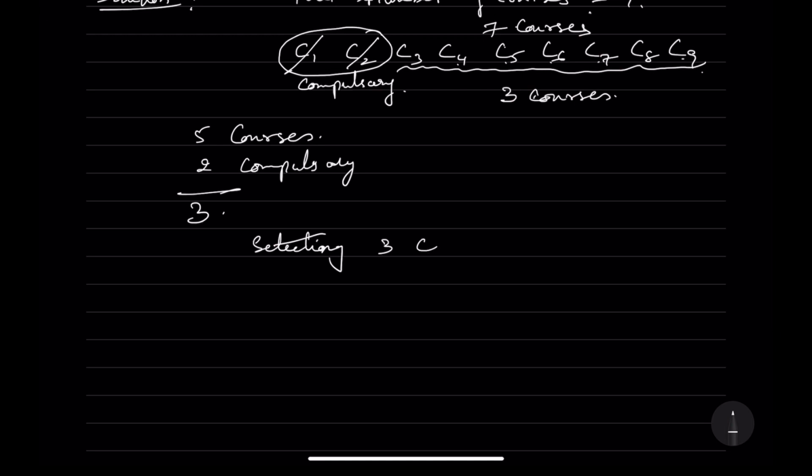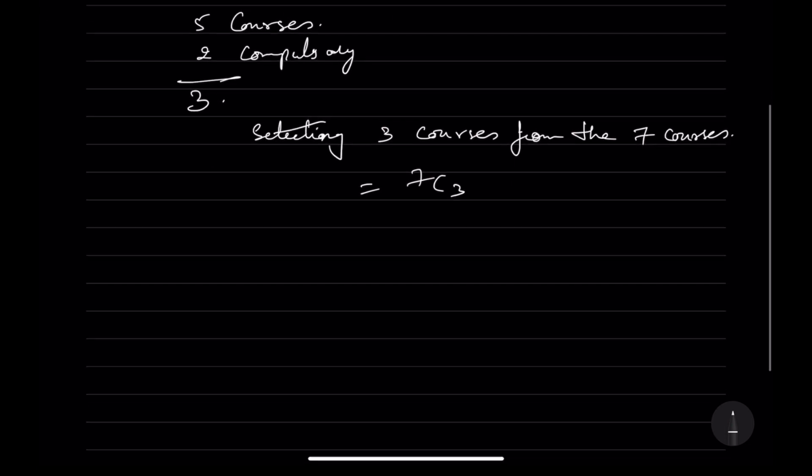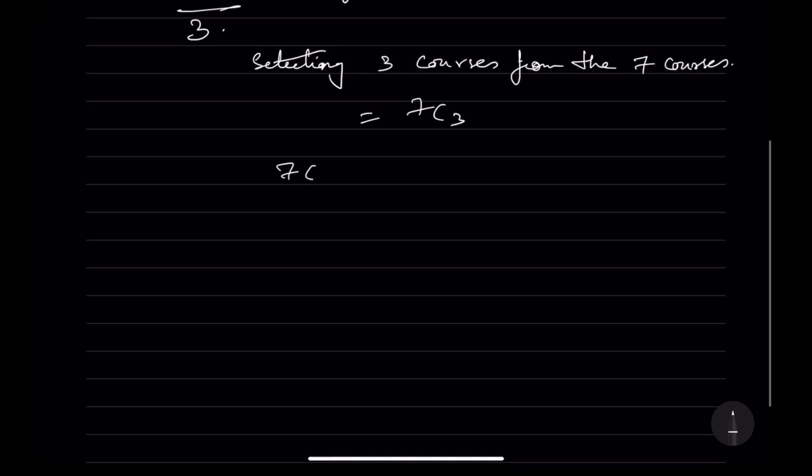Selecting 3 courses from the 7 courses can be done in how many ways? 7C3 ways. So what is the answer we are going to get?